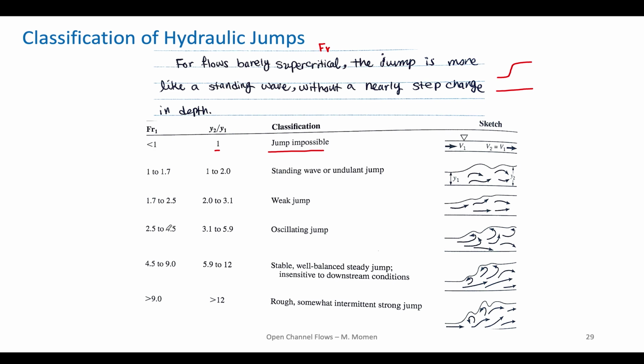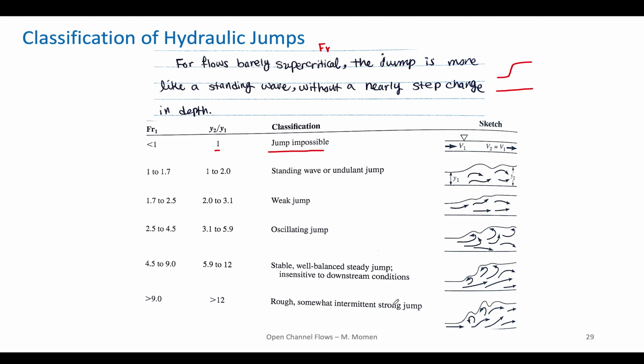If your upstream Froude number is between 2.5 and 4.5, you will have an oscillating jump, which is shown here. If your upstream Froude number is between 4.5 and 9, you will have a stable, well-balanced, steady jump, and it is insensitive to the downstream conditions, something like this. And then for Froude number 1 greater than 9, you will have a rough and somewhat intermittent strong jump.